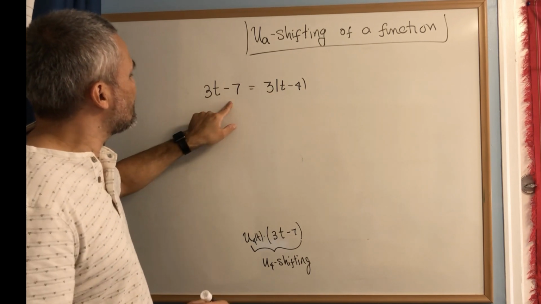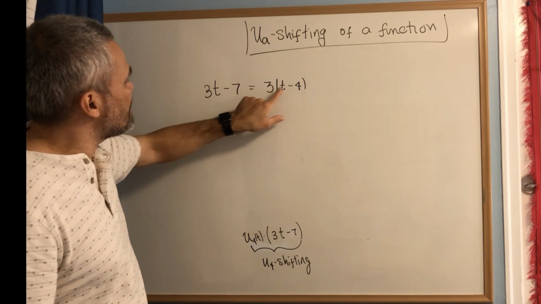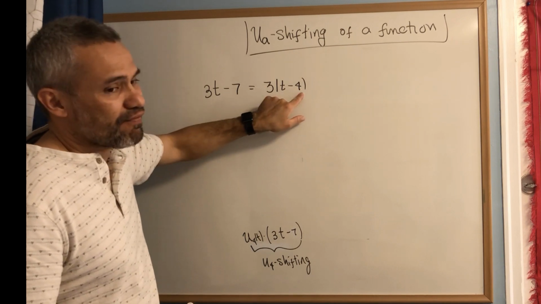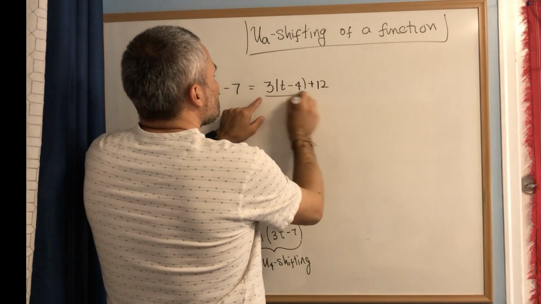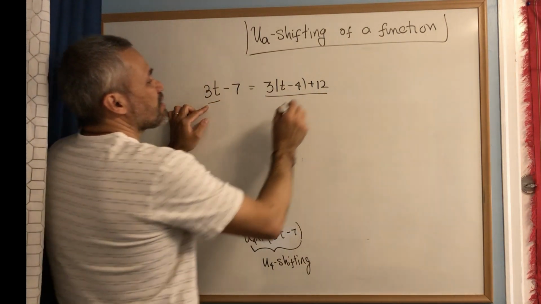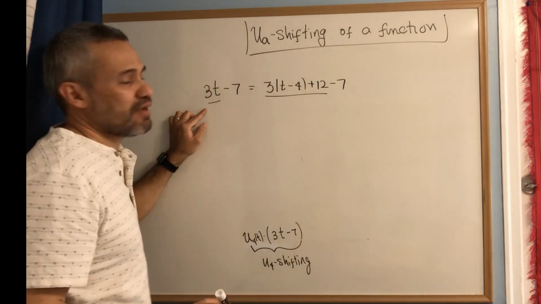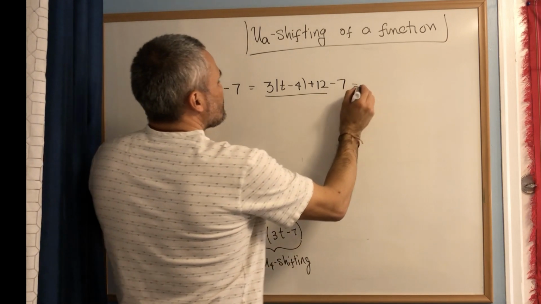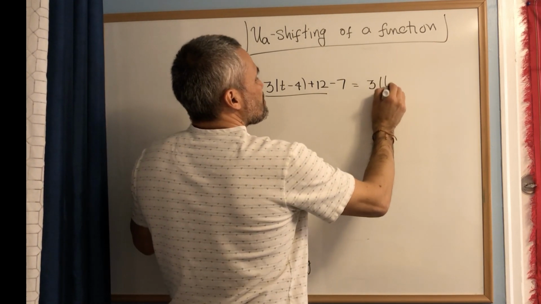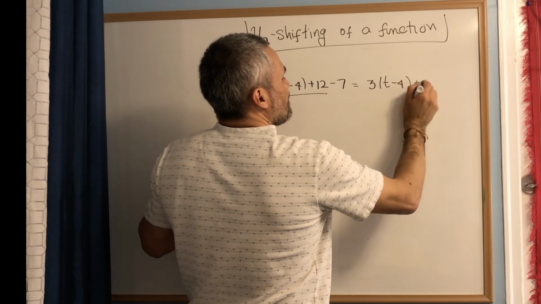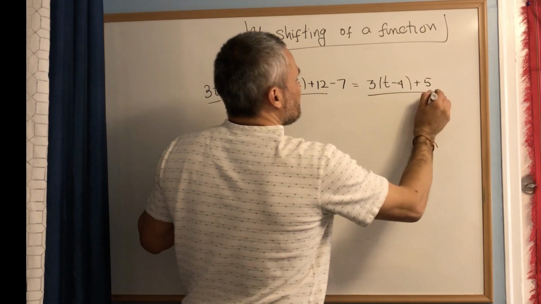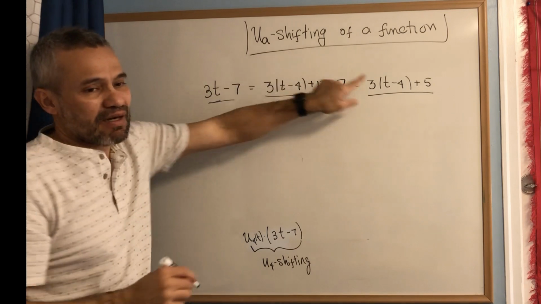I want these two things to be the same. When I do this change, I'm subtracting 12. Then I just add 12. Notice that this part is essentially equal to this part, then minus 7. That means that this expression is 3 times t minus 4, plus 12 minus 7, which is plus 5. You can check that this and this are the same.